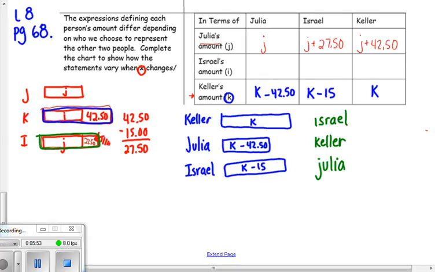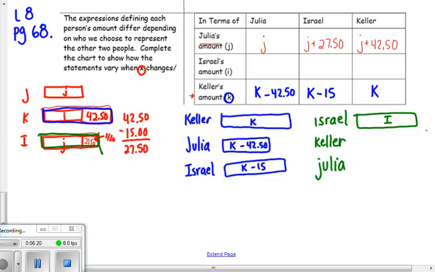Israel's bar is this green one, and we'll call that I for Israel. Now figuring out the other bars. We know that Keller's bar is bigger. How much bigger is it than Israel's?